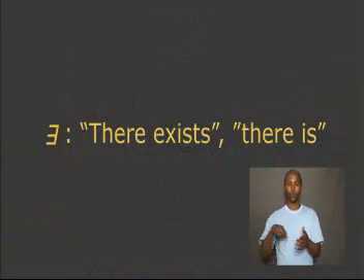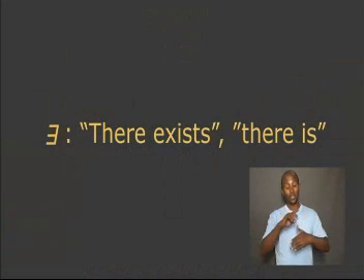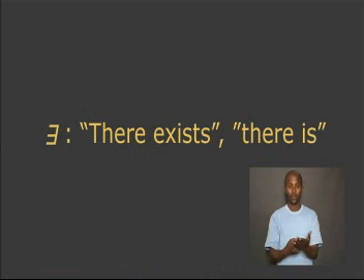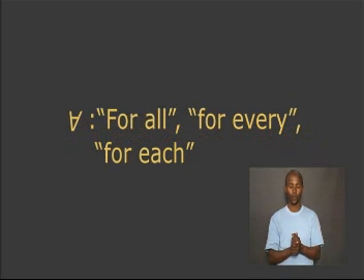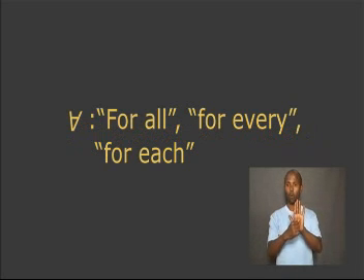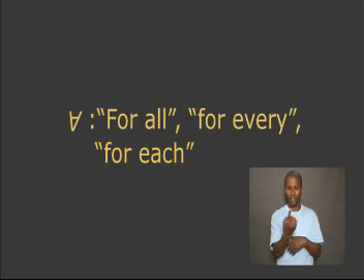We can use this symbol, there exists or there is, and call it an existential quantifier. Or we can use this symbol and call it a universal quantifier. This symbol represents for all, for every, or for each.